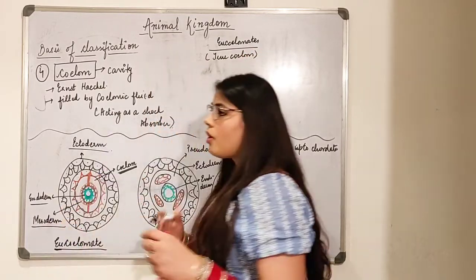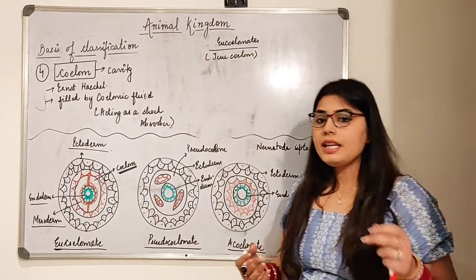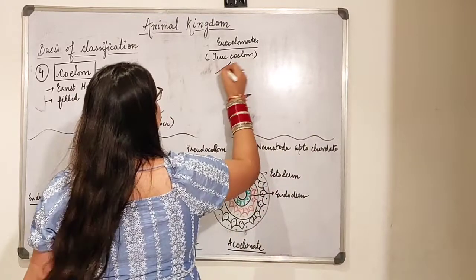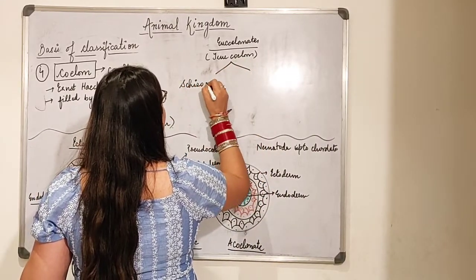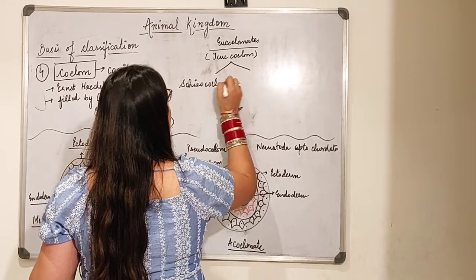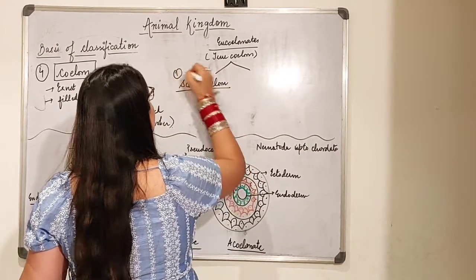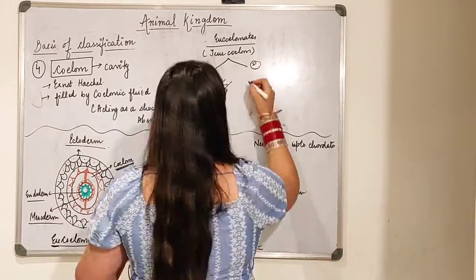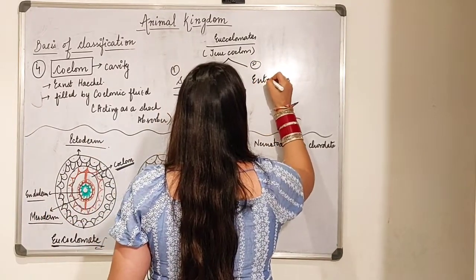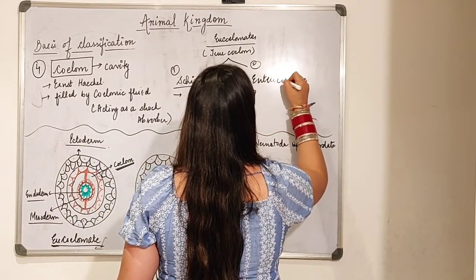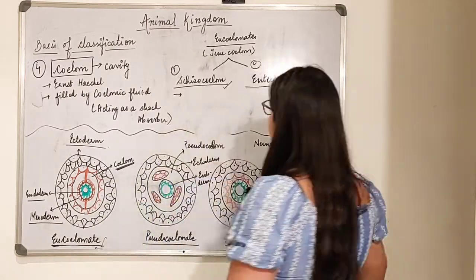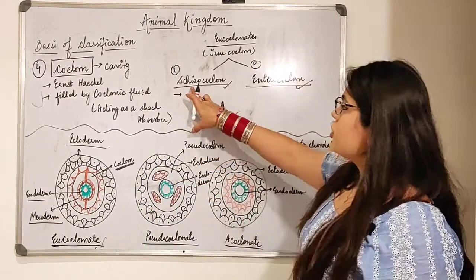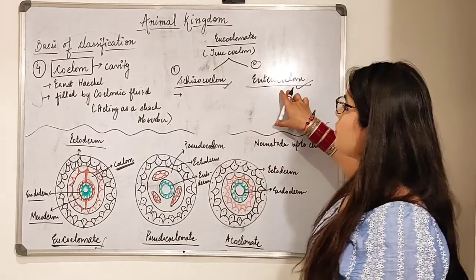The true coelom formation can be done in two ways. First one is schizocoelom, and the second one is enterocoelom.